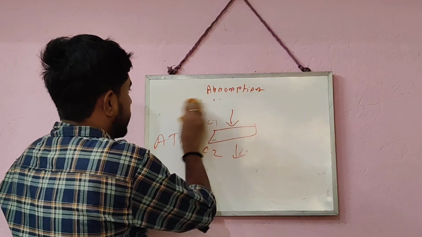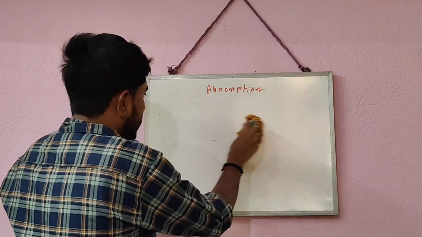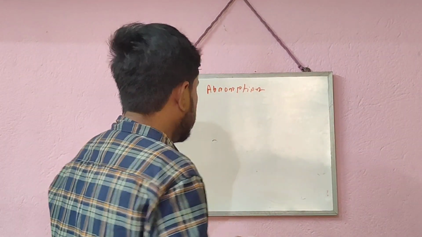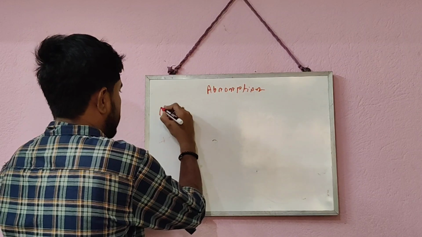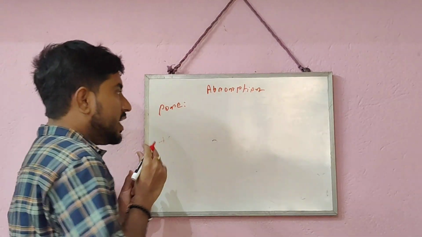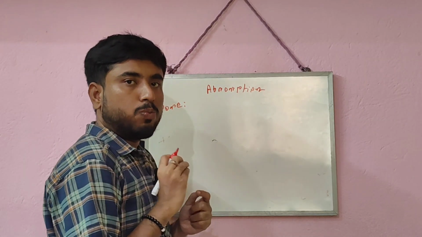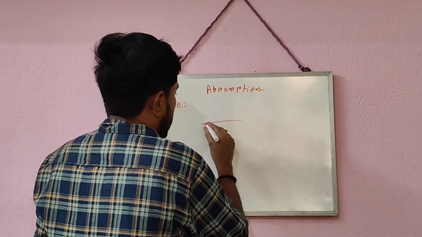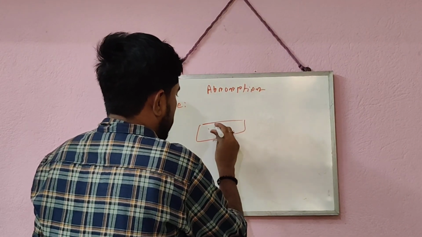Then the next process in passive diffusion is pore transport. We know pore means little holes. In endothelium cells, little pores are there.